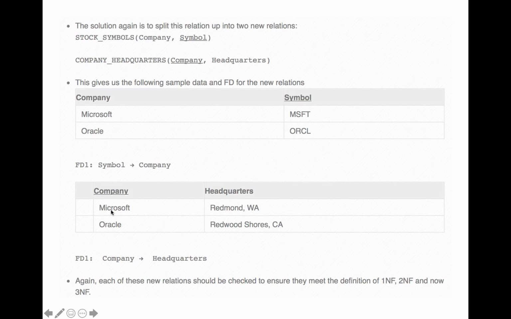So this is the idea of normalization, and this is the third normal form. If you have transitive dependencies, the way the Oracle company was here, then you have to split them into two relations. And now these relations are in the first, second, and third normal forms. And now if I remove Oracle, I can still know where the headquarters are.